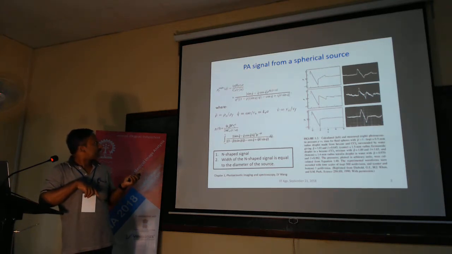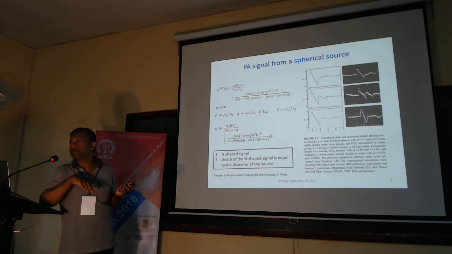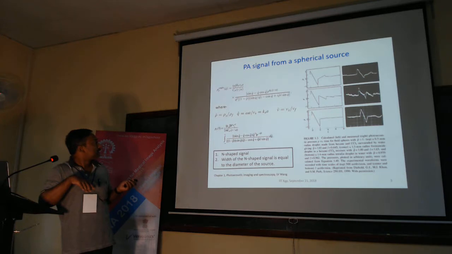If you take the Fourier transformation of this solution, you will get the time domain signal. So we solve the wave equation in the frequency domain, and then we use the Fourier transformation to get the time domain signal. And if we calculate this expression, we will get this type of signal.